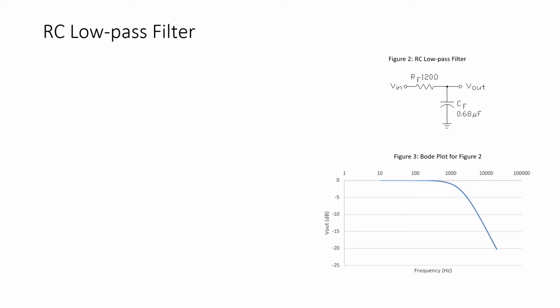Referring to the circuit of figure 2, we see a resistor identified as RF. This is the resistor that makes up the filter circuit, and a capacitor CF.